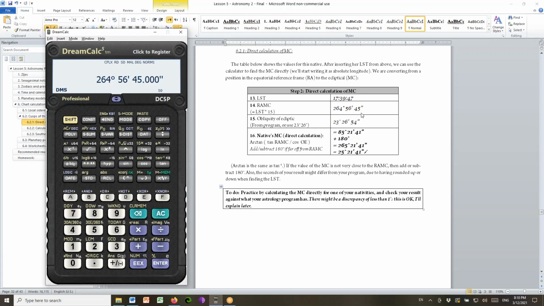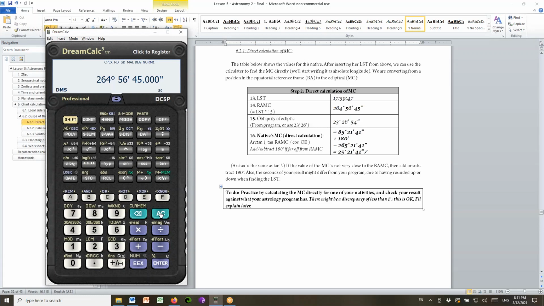Now we have to convert that to the midheaven. And we're going to do that using a trigonometric equation, but we have to know the obliquity of the ecliptic first. And you can use 23.26 as a standard one, but I know from the Janice program that when she was born, it was 23.26.54.